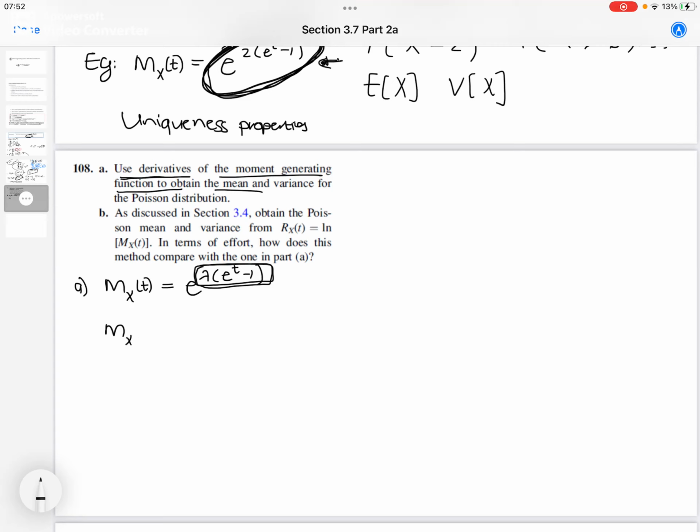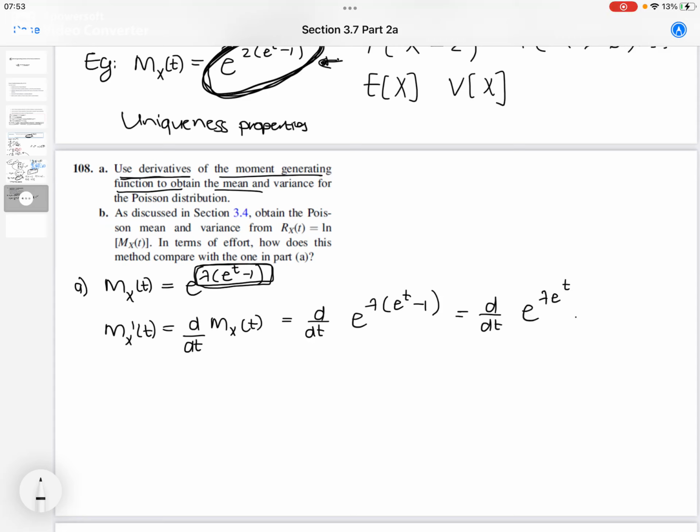And so if we then get the first derivative, this is the derivative of the moment generating function with respect to t. That is the derivative of that function there, e to the power lambda times (e^t minus 1).